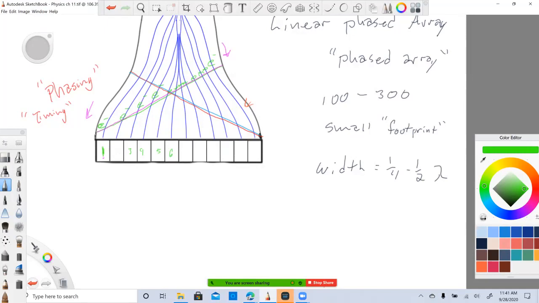We're going to start here with 1 and 1 and 2 and 2 and 3, 3, 4, 4, 5, 5, 6, 6. So now, essentially, we're going to steer from both the left and the right at the same time, if that makes sense.